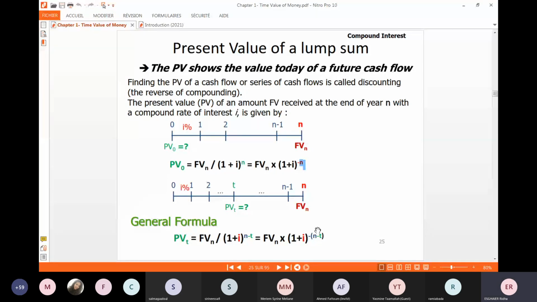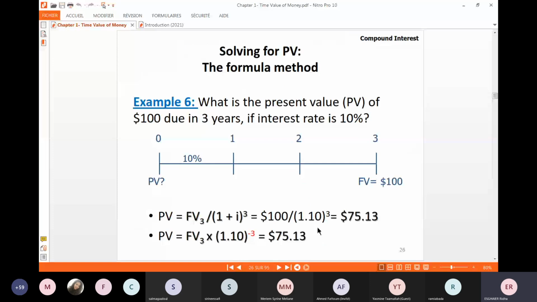For example, suppose that we need to determine the present value of $100 due in 3 years. If the interest rate is 10%, suppose that you have to reimburse your colleague $100, 3 years from now.